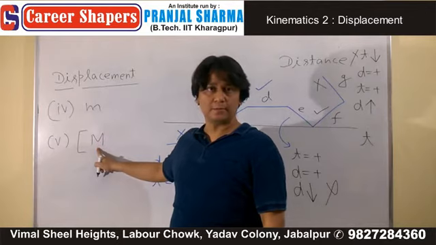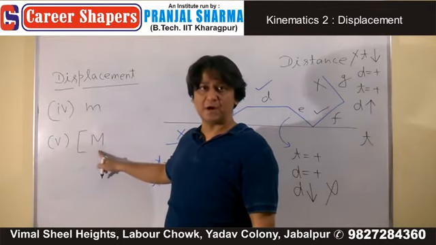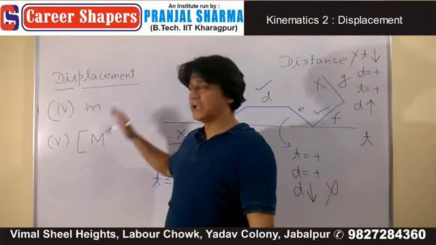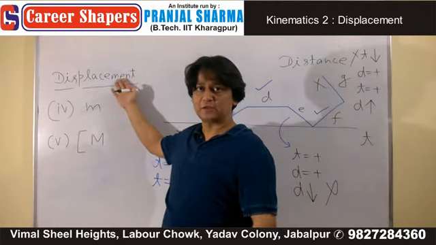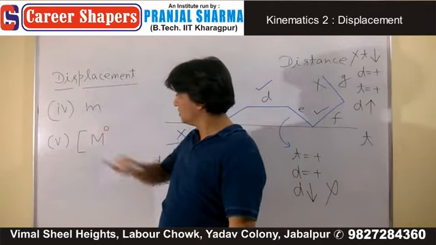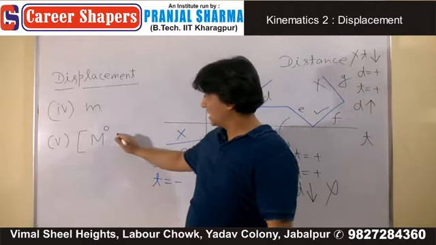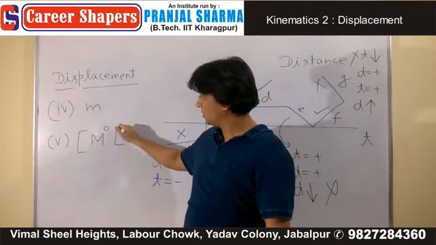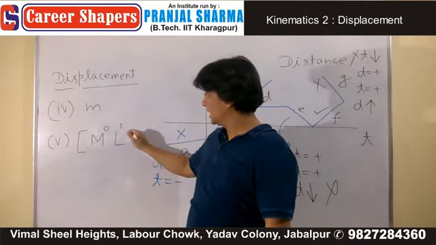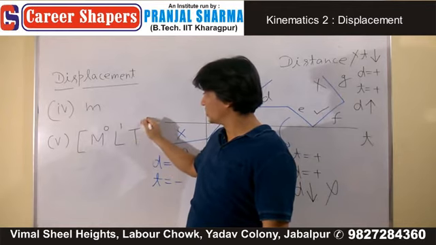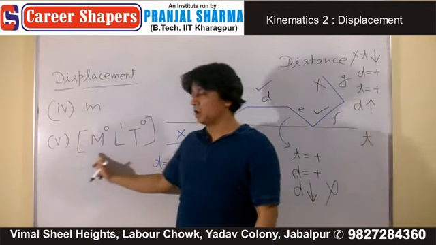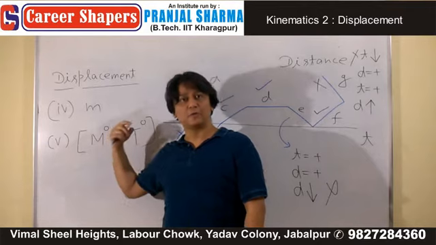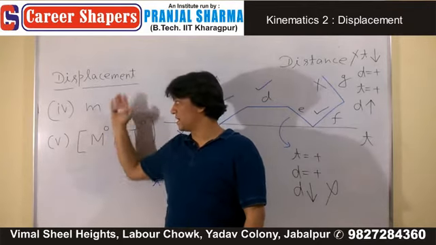Capital M is not meter, capital M is for mass. In length there is no mass, so the power is 0. Length, power is 1. There is no time, so 0. This is called the dimensional formula of displacement.